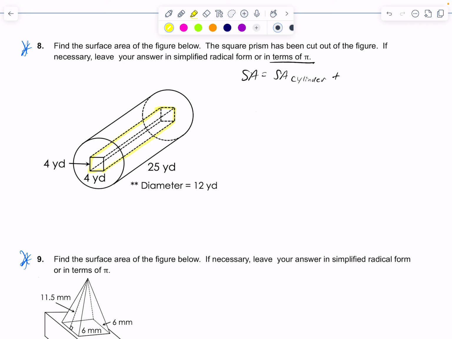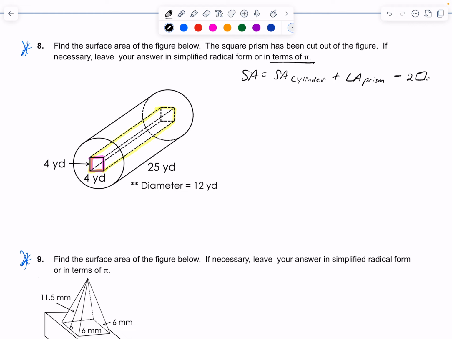That's going to be values we need to include. So I'm going to add the lateral area of the prism that's inside there. But then I need to subtract, because they're not filled in, right? I need to subtract these 2 squares that are kind of holes, if you will. So I'm going to say, let's say minus the area of the 2 squares.